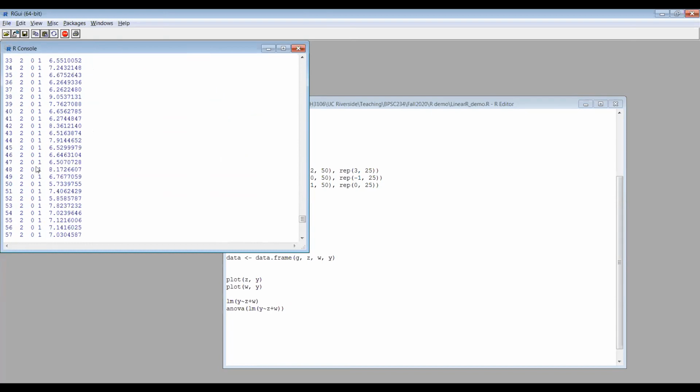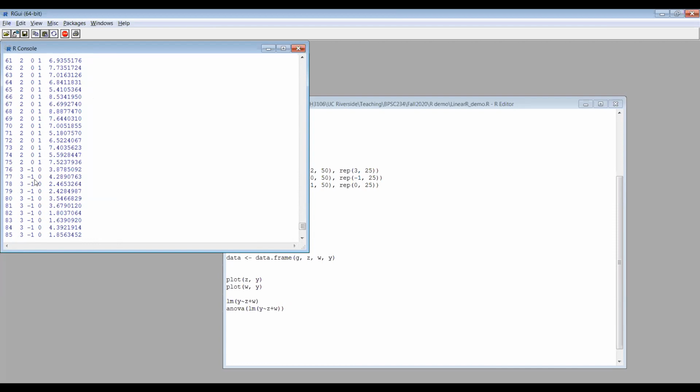Okay, for the second 50 individuals, which represent the second genotype, heterozygous, the additive effect equals 0, but the dominant effect equals 1. The W equals 1 to represent the existence of the dominant effect, right?